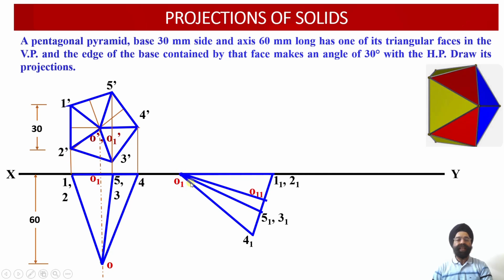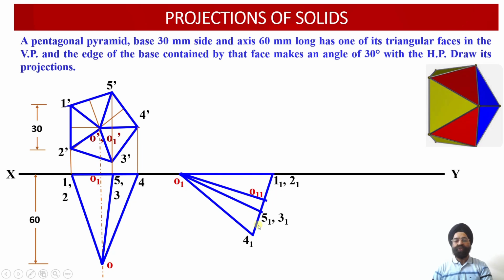Using this radius, once again, we are going to mark another arc. The moment we mark this arc, the point of intersection will provide us with the location of point 4, 1. So using the rectilinear distances, we have been able to transfer this distance between 1, 1 and 2, 1 and 4, 1, and similarly, the distance O1, 4, 1 over here.